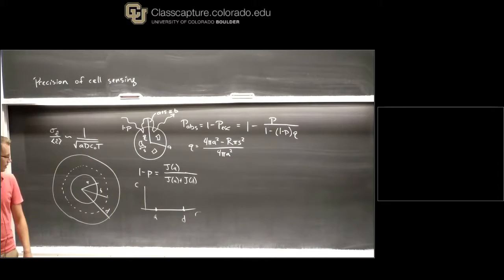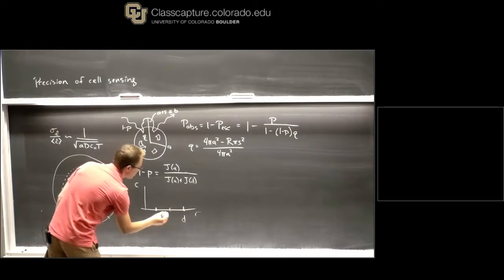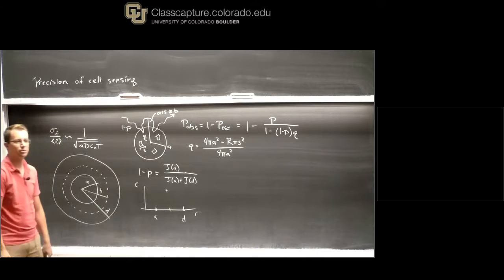And then at B is where the source is. So at B, that concentration is going to be maximal.